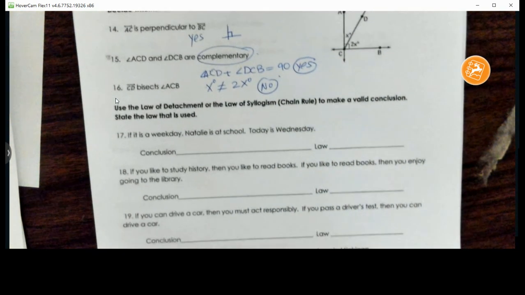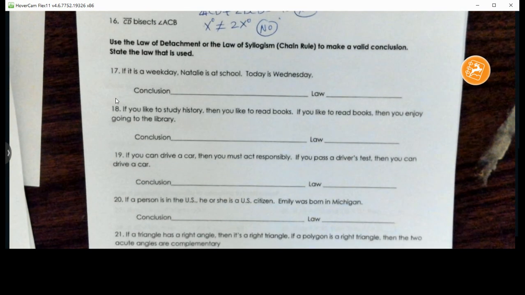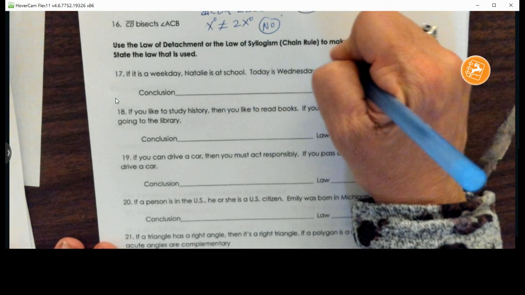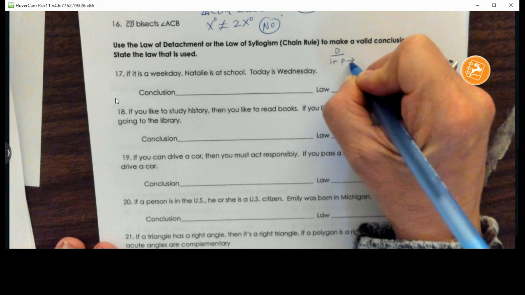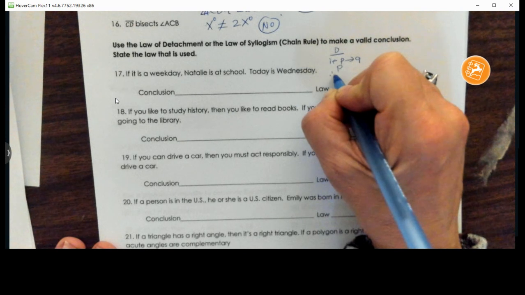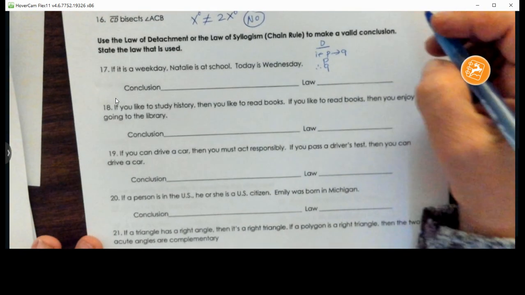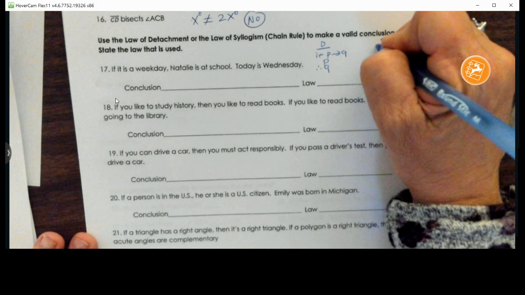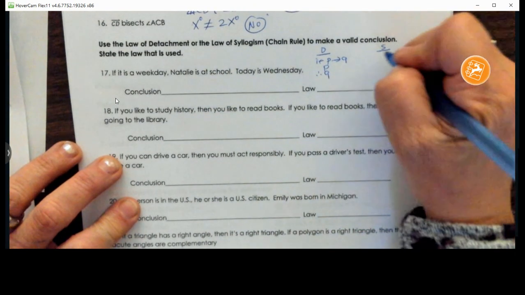Okay, we're going to move on to law of detachment and law of syllogism. Law of detachment, just to make sure we have it right, is if P, then Q; P; therefore the conclusion is Q. Law of syllogism, I like to write it small. It takes 2 ifs.